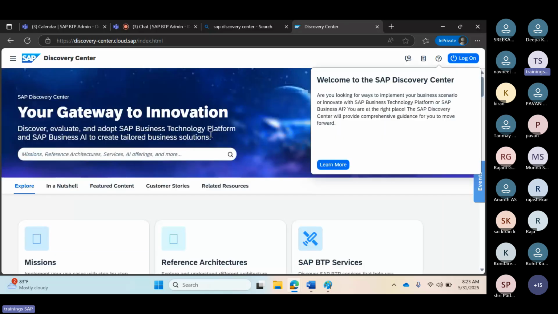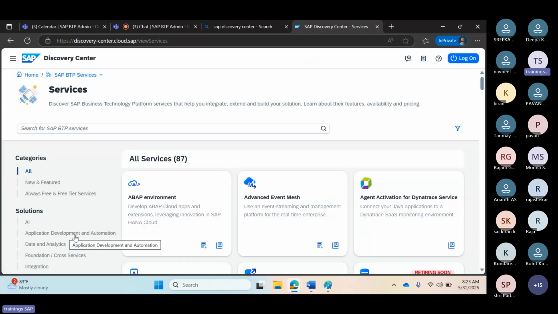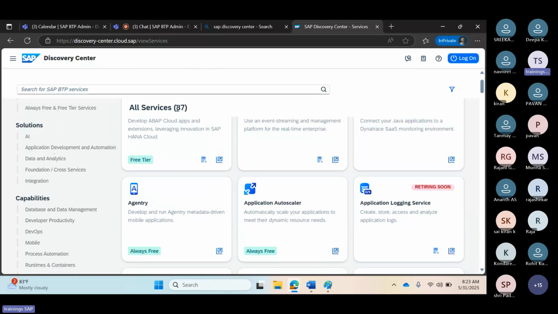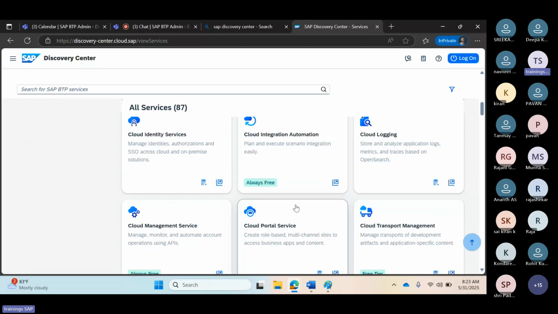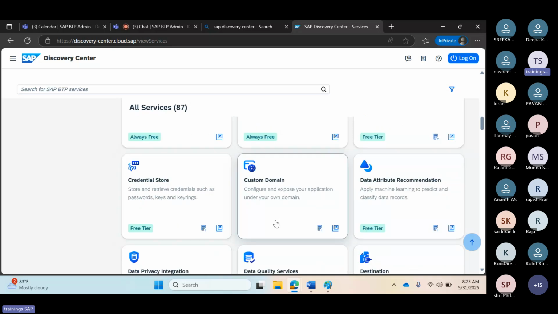If you go to the BTP services, you can see the AI related and application development related services, like ABAP, Event Mesh, and so on. There are 87 plus services available here, covering development, transports, applications, databases.